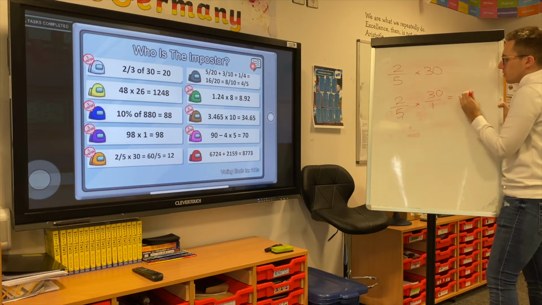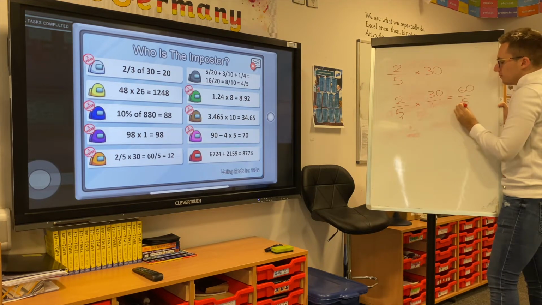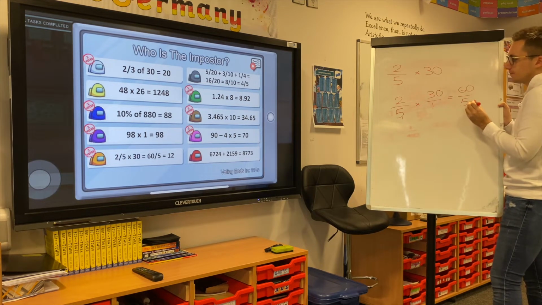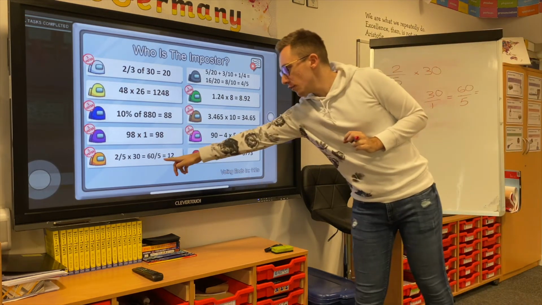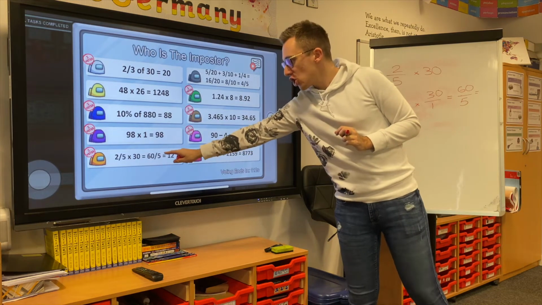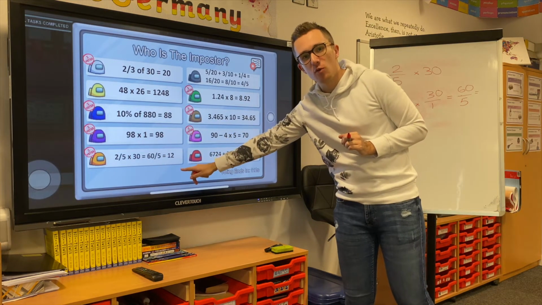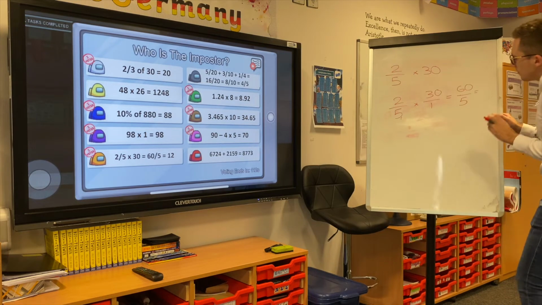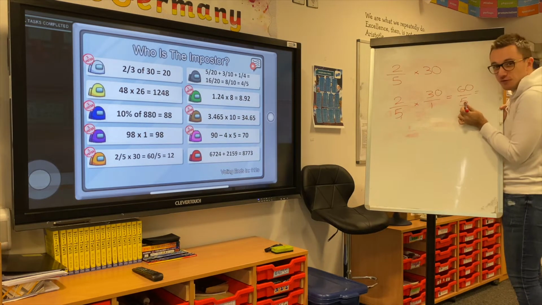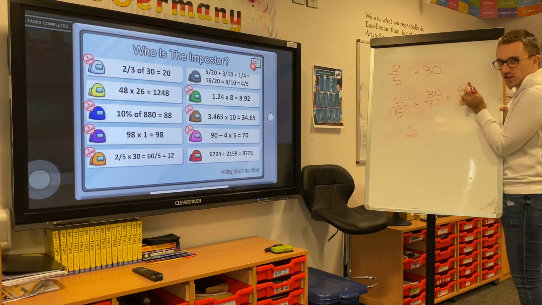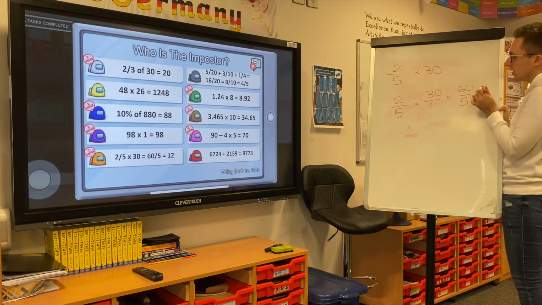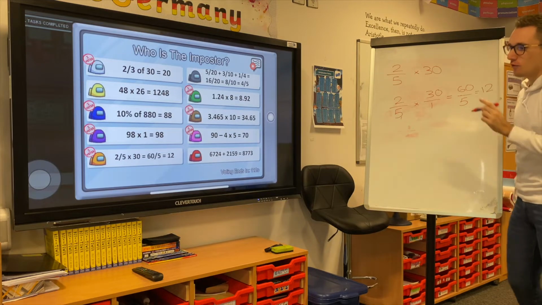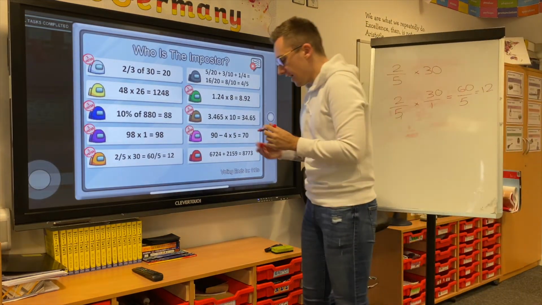We do 2 times 30, which is 60. 5 times 1 is 5. Now, the final fraction is 60 over 5. Okay, but we just need to check that that would cancel down to 12. The way we do that is we think how many 5s go into 60? Well, 5 times 12 is 60, so the answer is 12. So orange, I think that is absolutely fine.